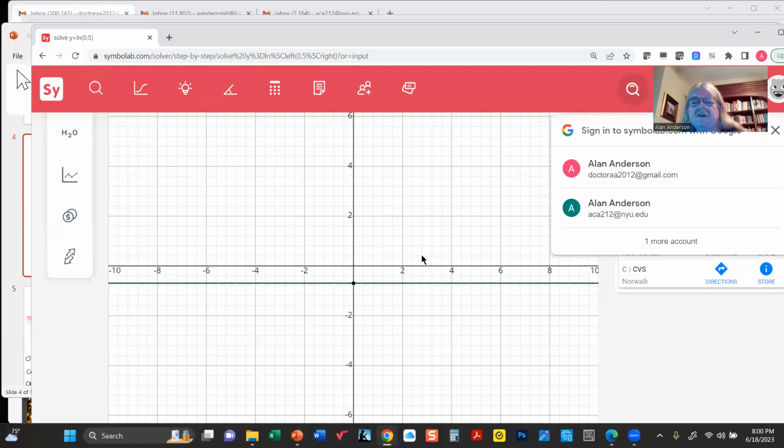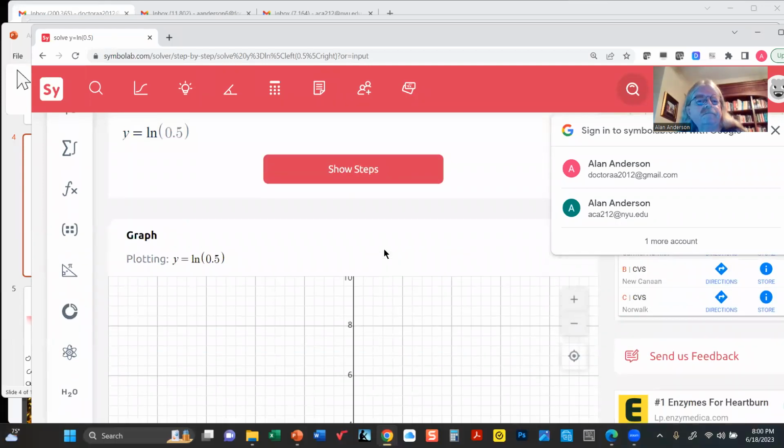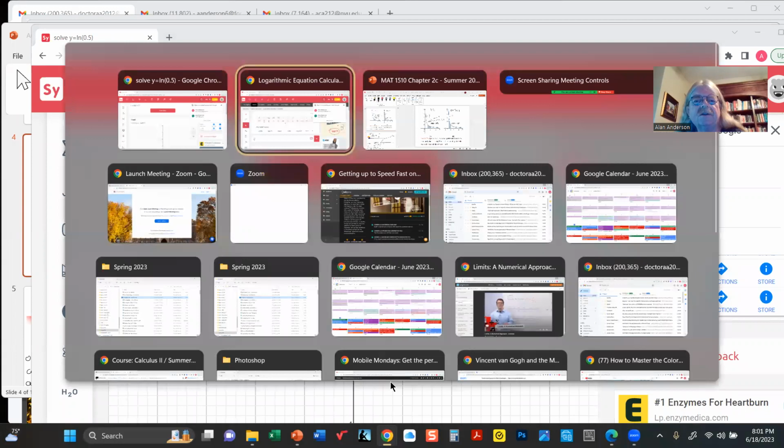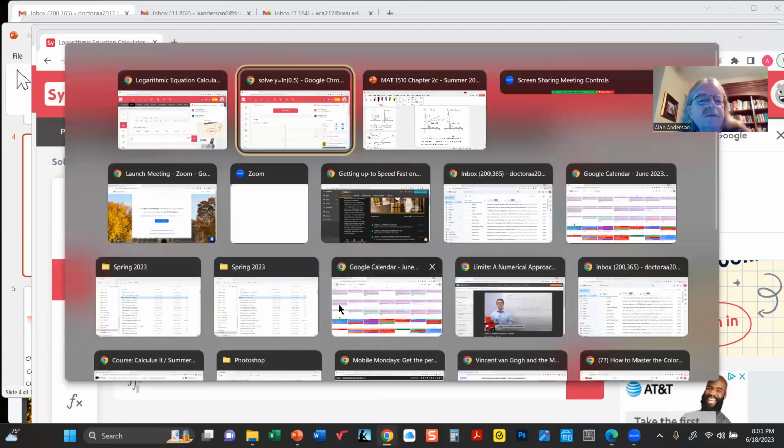Okay, well now the computer is not happy. I don't know what's going on, but we don't want to upset it too much. So I didn't get a chance to read that page. Let's see.